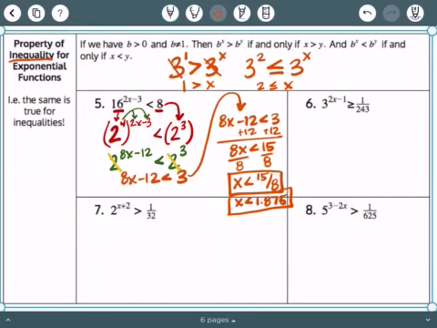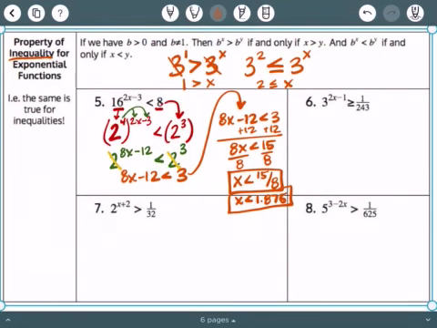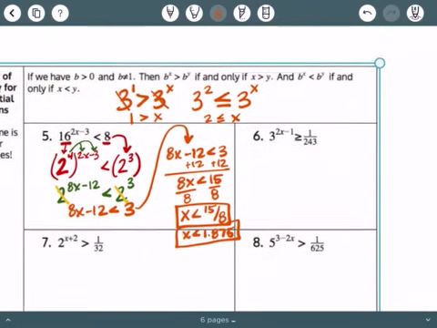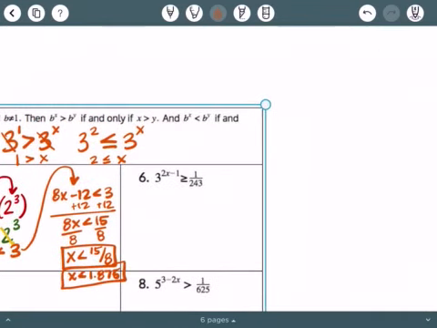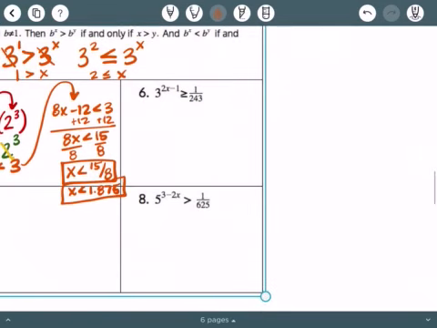So let me see if I can zoom in on this one here. Nope. Okay, guess not. For this one, I see this fraction deal. Let me see if I can make this bigger. You can do it, little dude. Nope, maybe not.